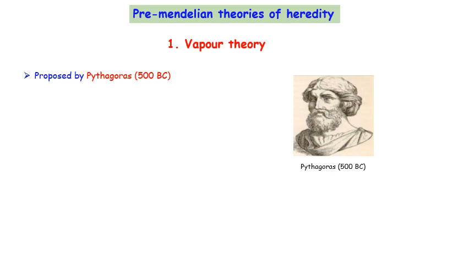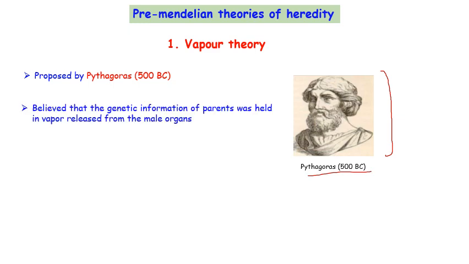Now the first theory was the Vapour theory, and this Vapour theory was proposed by Pythagoras. According to this theory, the genetic information of parents was held in vapor released from the male organ.